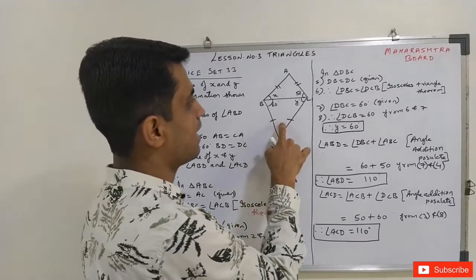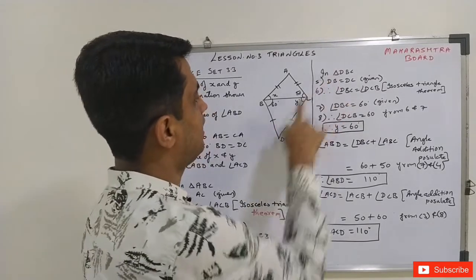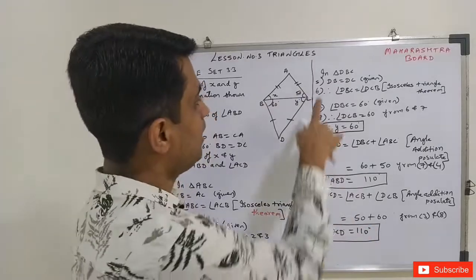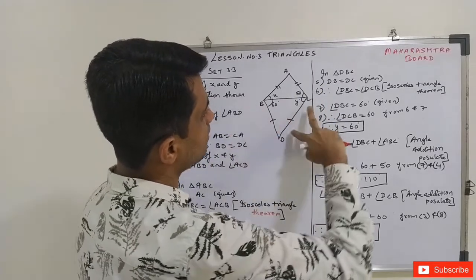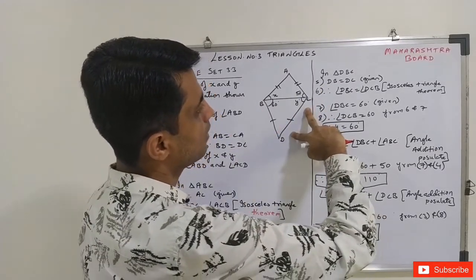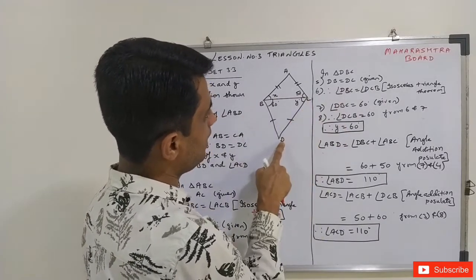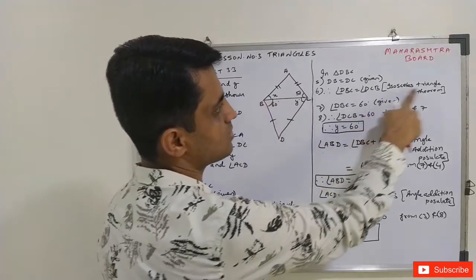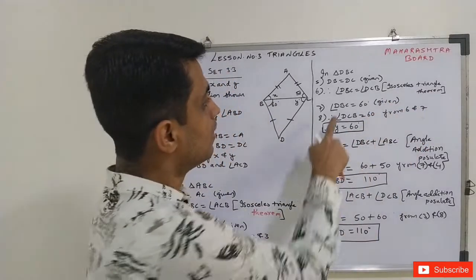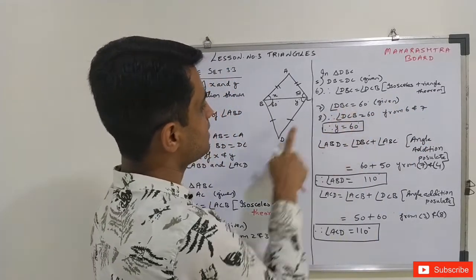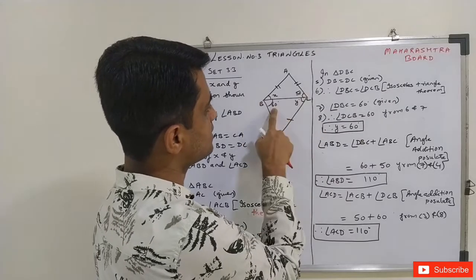Now move here with this diagram, the lower part, triangle DBC, the same way. In DBC, DB is equal to DC, given. And angle DBC is equal to angle DCB. Why? Isosceles triangle theorem. Now we know DBC is 60, given.